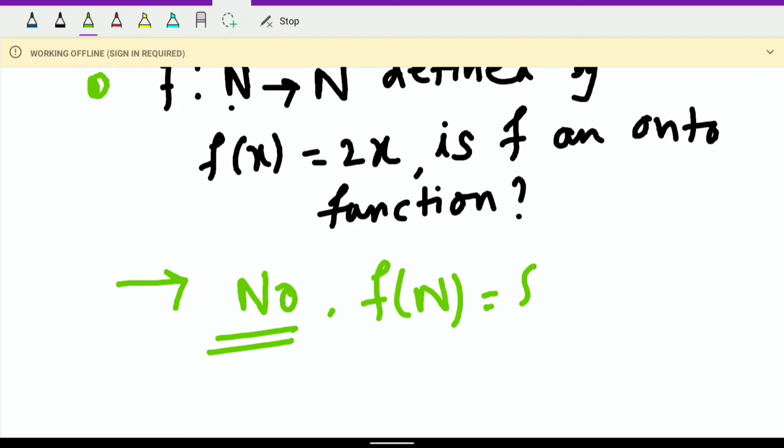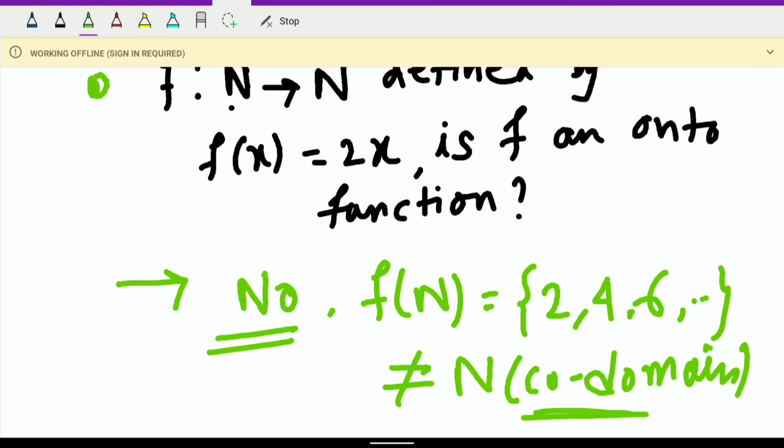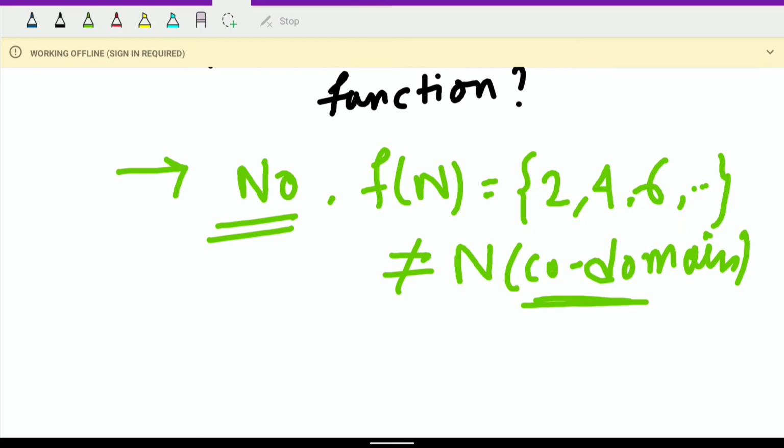Because f of n equals 2, 4, 6, and so on, so it's not all of N, that is, not the codomain. Because natural numbers multiplied by 2 are not the whole codomain. So your answer is no. Or in other words, range of f is not equal to codomain of f, right?